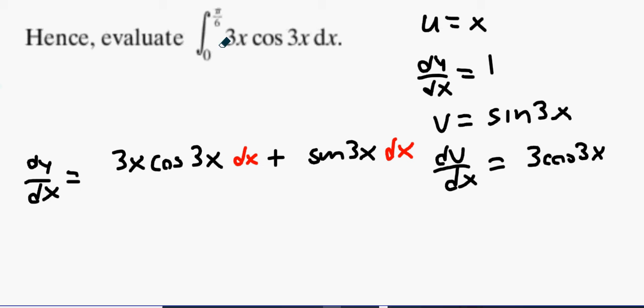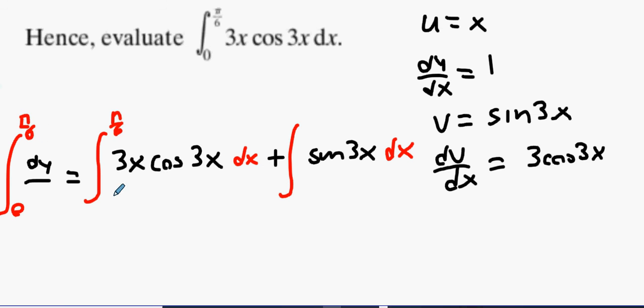Now, what's the next thing I'm going to do? I'm going to integrate both sides. But the limits have to be the same on every one. If I'm integrating them, I should probably integrate them the same. Is that okay?